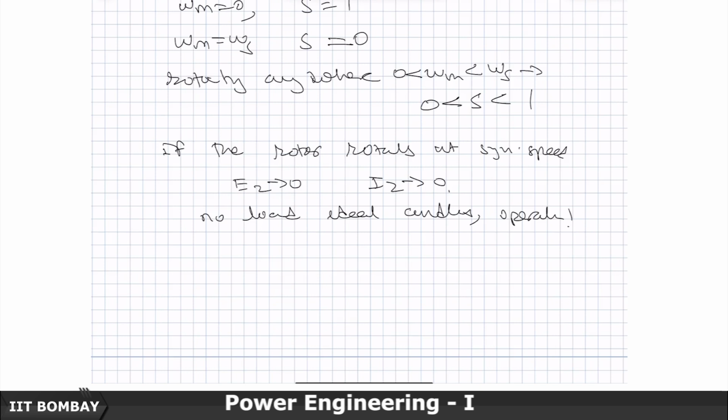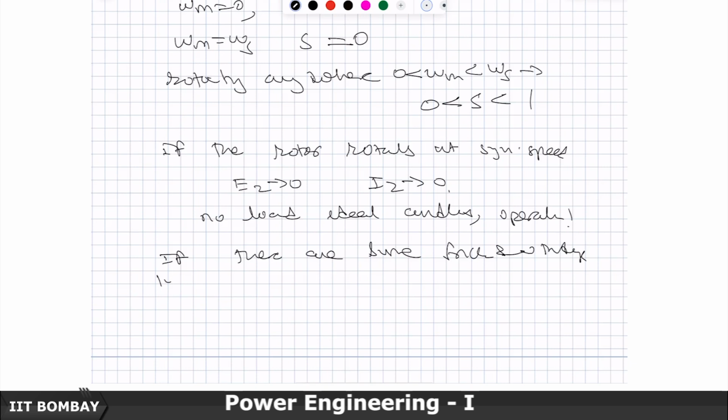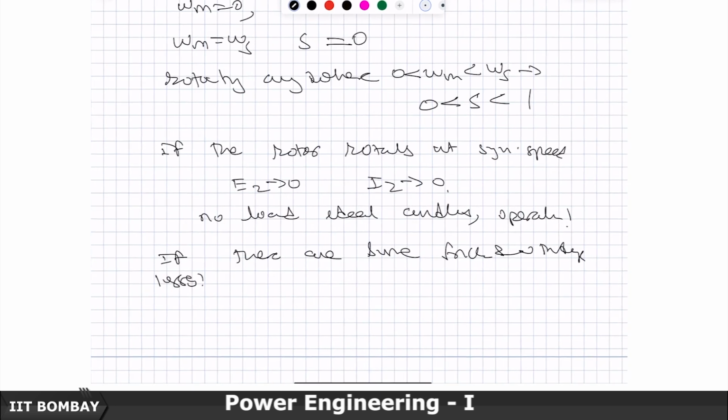Now, if there are some friction and windage losses, then what will happen? To overcome that, some torque is required.